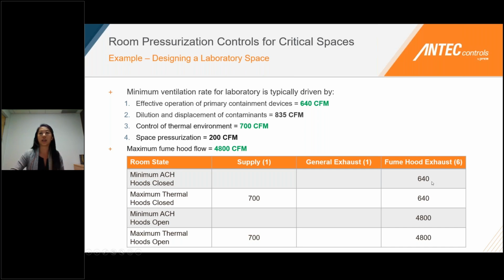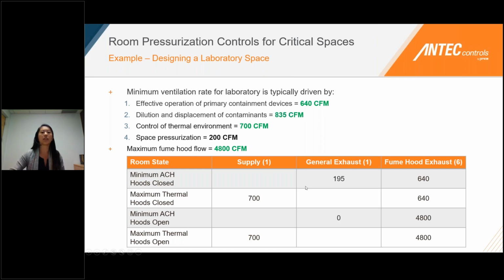And we've just calculated also the maximum fume hood airflow with all the fume hood sashes at working height, and that's going to be 4,800. Then we also calculated our thermal load. So again, the minimum amount of supply airflow that needs to enter the space in order to account for all of the maximum heating thermal loads in our lab. So that's going to be 700 in these maximum thermal scenarios.